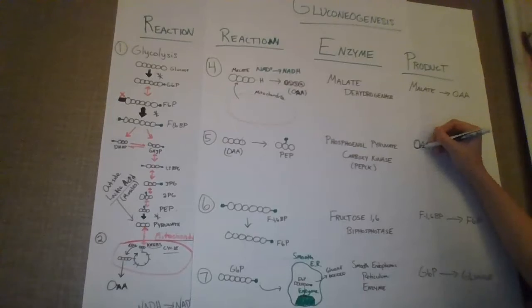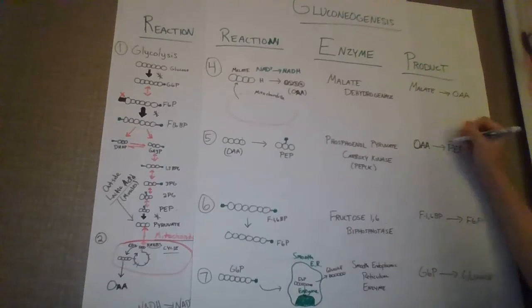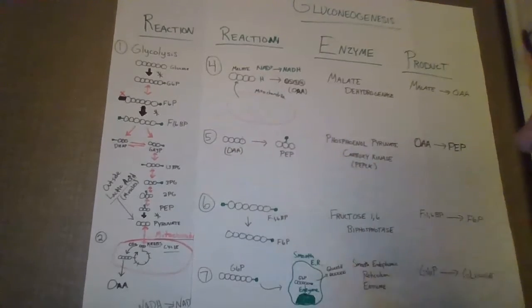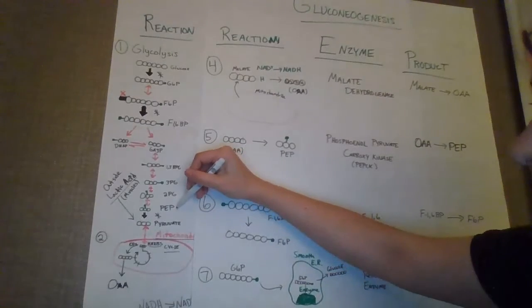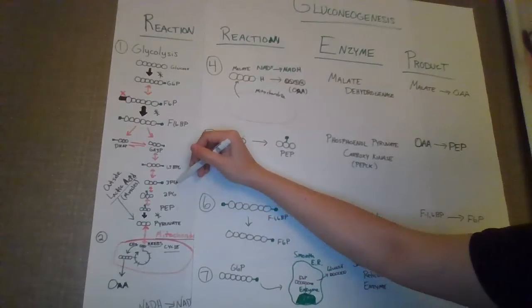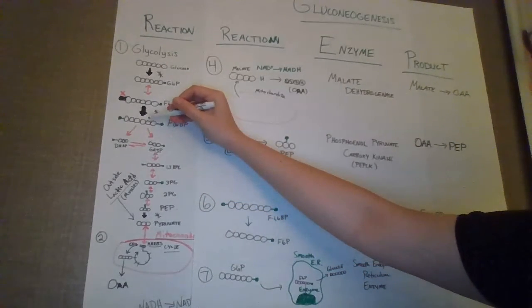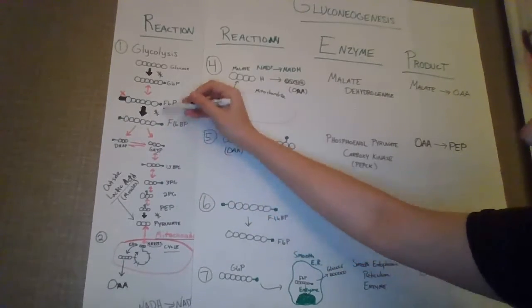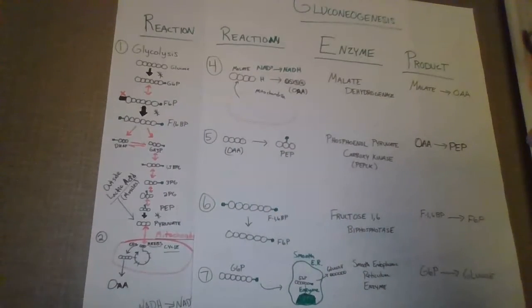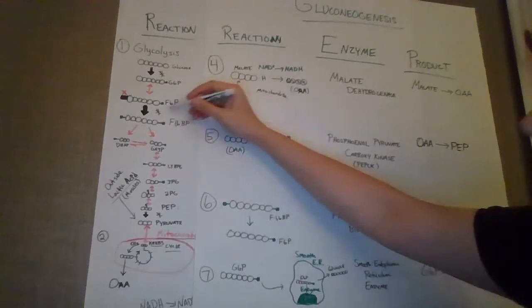So again, in this step, we're taking OAA and going back into PEP, which is a molecule found from the glycolysis steps. Remember, we're trying to reverse all of this. So now that we've made PEP, we can go all the way back up to this point because, again, all these arrows are red and it's reversible. So these are going to be reversed till we get to this step.